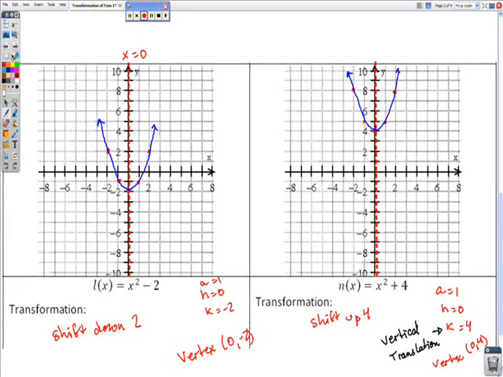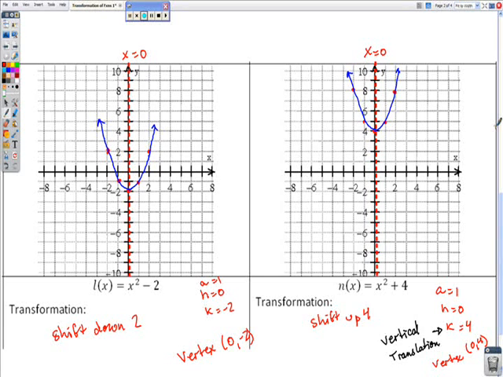Here x equals 0. Okay, so that is horizontal translations, and we visualize that with the absolute value function, as well as vertical translations, and we visualize that with the quadratic function.